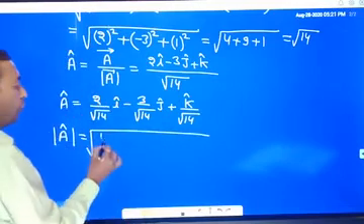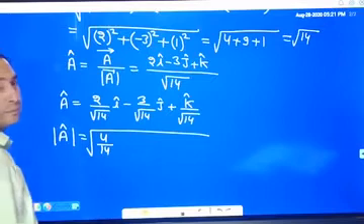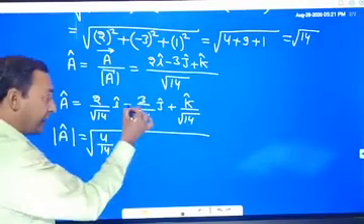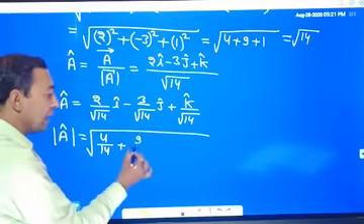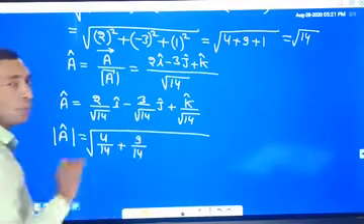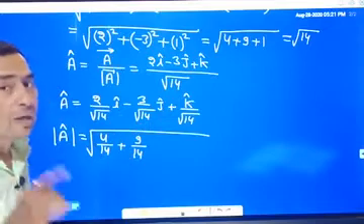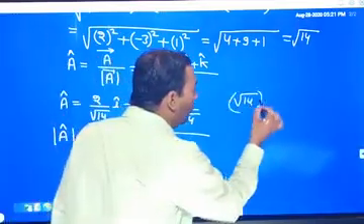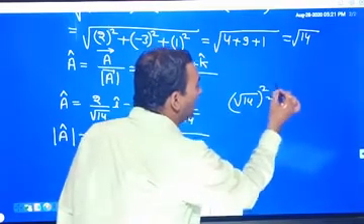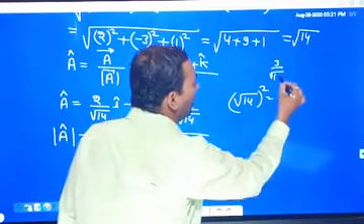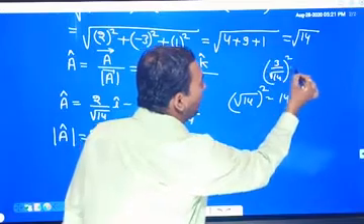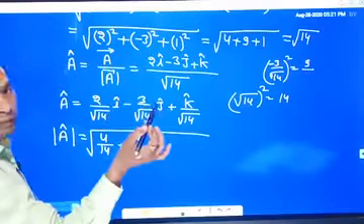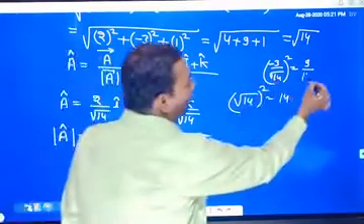Square of this: 4 upon 14, then the j cap term, square of minus 3 upon root 14, it becomes 9 upon 14. Square of 3 is 9 and the square of root 14 is 14. Minus squared becomes plus, so 9 upon 14.